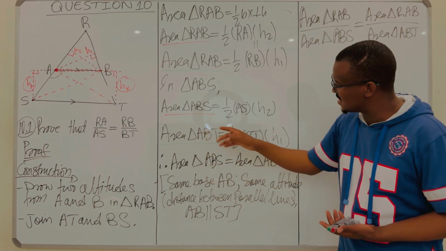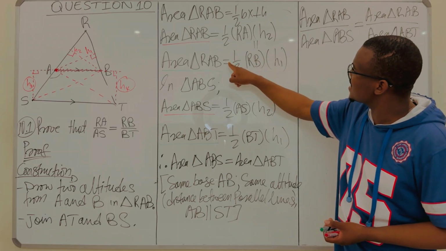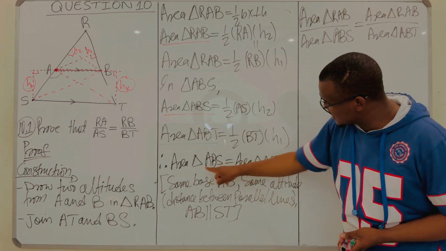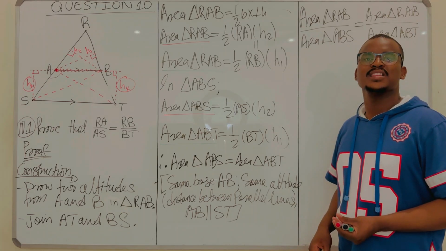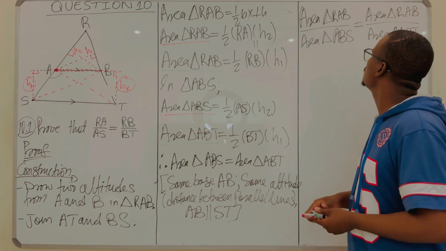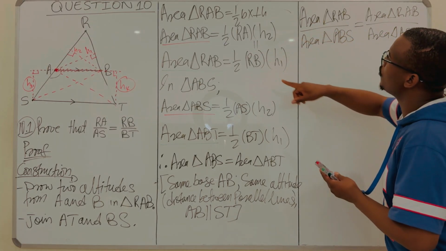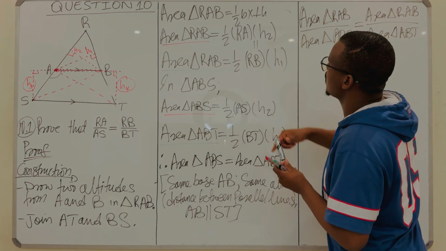Because we just explained that they are equal because this and this are the same, because the same triangle. These are equal because they have the same base AB and they have the same perpendicular height between the parallel lines. So what do you do from here? Just substitute your area for triangle RAB, the red one.